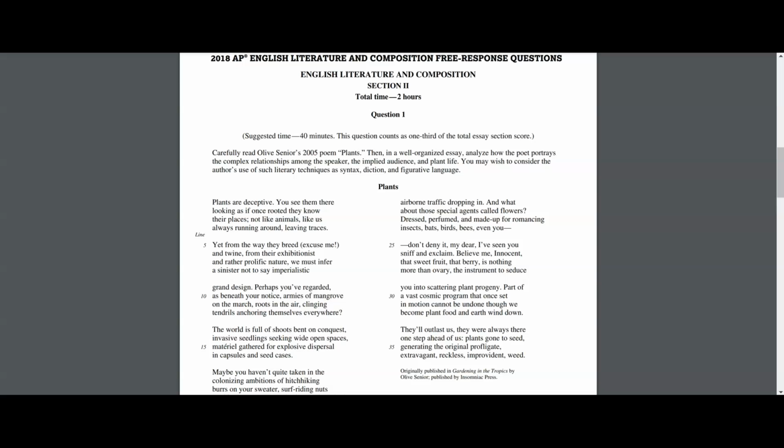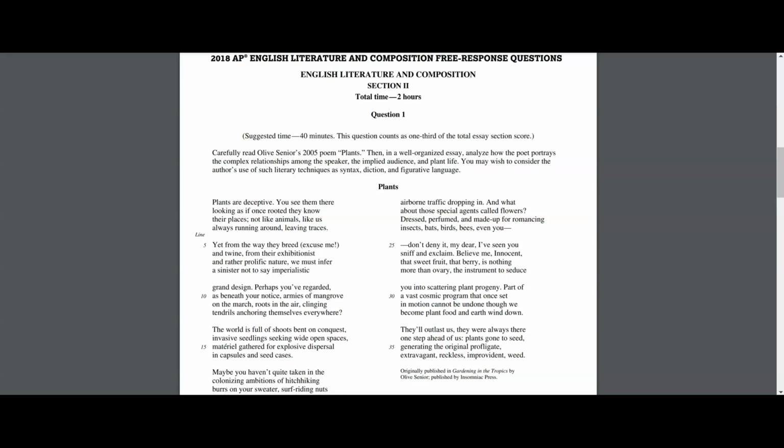So, for example, in the one that I have pulled up, it says carefully read Olive Senior's 2005 poem Plants, then in a well-organized essay, analyze how the poet portrays the complex relationship among the speaker, the implied audience, and plant life. You may wish to consider the author's use of such literary techniques as syntax, diction, and figurative language. So unlike the language and composition test where you have to kind of pull your own things out, right?